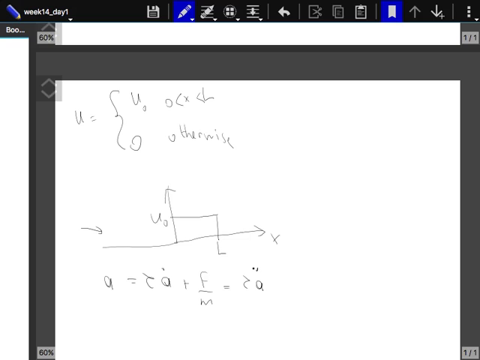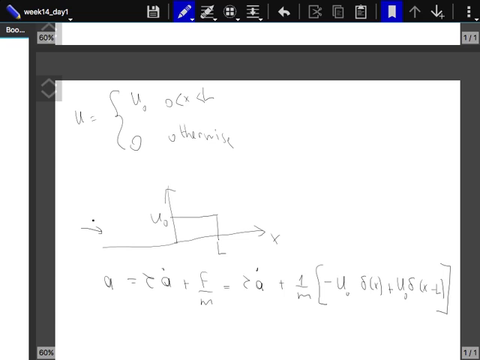So there is no force acting on the particle unless x is equal to 0 or x is equal to L. And the force, we can write as 1 over m times minus U0 Dirac delta x, this is the force at x equal to 0, plus U0 Dirac delta x minus L.